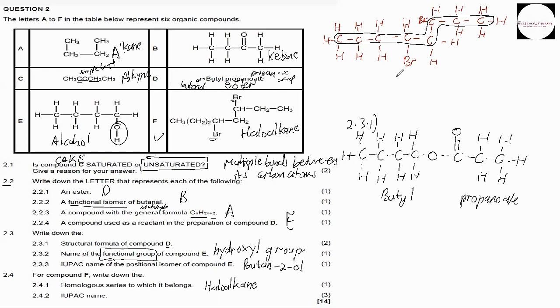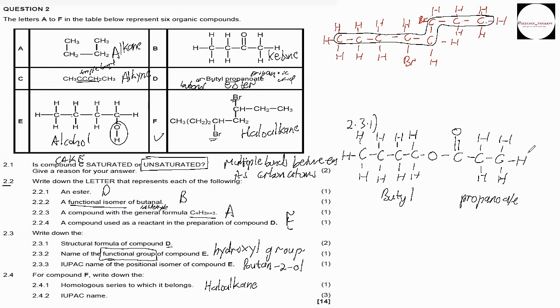Now, having to start numbering, if we say 1, 2, 3, 4, we can see that we only see the halogen here, bromine, in the 4th carbon. But let's start numbering from this side. We have 1, 2, 3, and then we can see our bromine halogen here is in the 3rd carbon. So remember, we must start numbering from the side where we see the earliest disturbance, right?